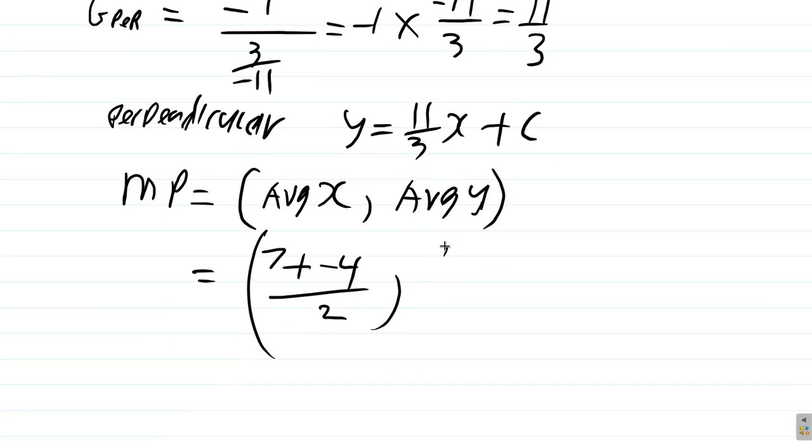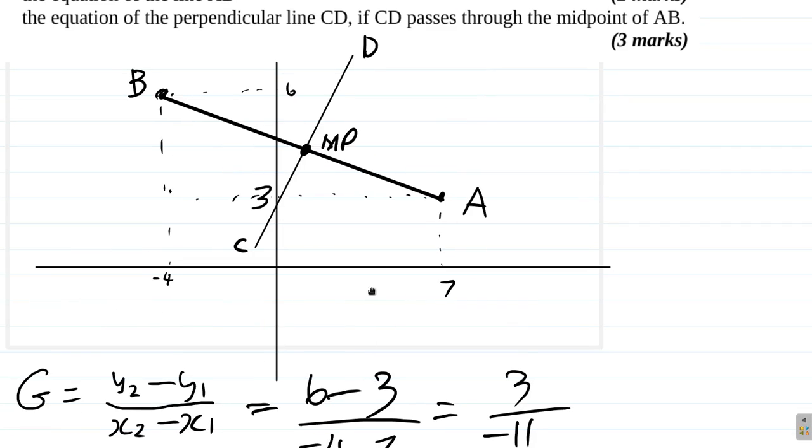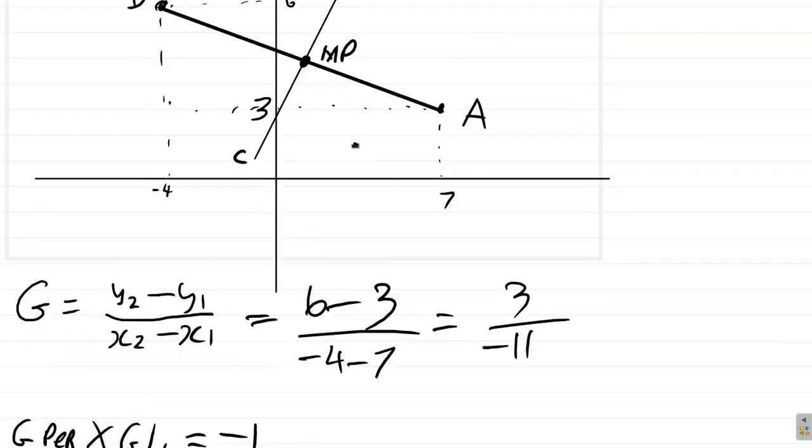So you have 6 plus 3 over 2. And the idea is that when you average, you're going to get the midpoint here. The average of this and this is going to be in the middle, alright?